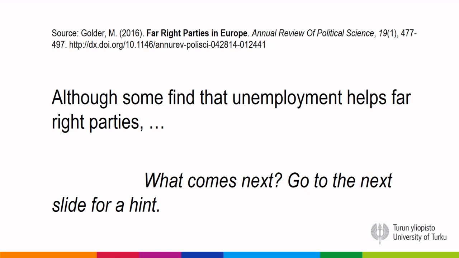So here is an excerpt from an article about the far right in Europe. It's a political science text, and I've given you just the first part of a sentence to help you start to recognize signposting words. So here we can see the sentence, although some find that unemployment helps far right parties, ... So there is something coming next, and we can even sense what's coming next, and that is because of signposting.